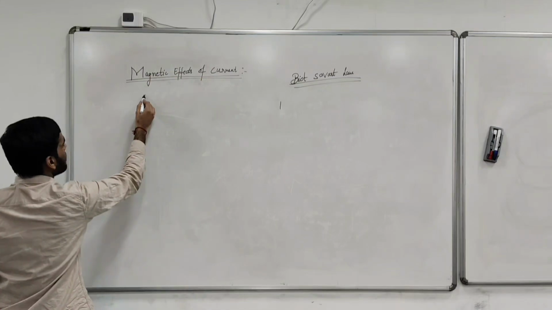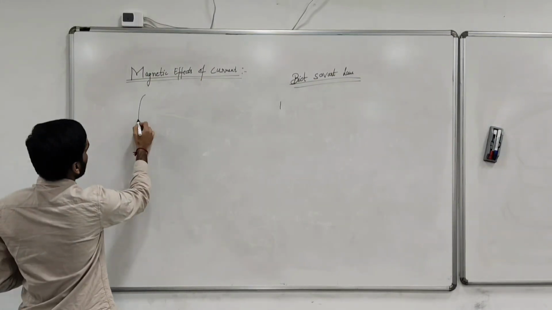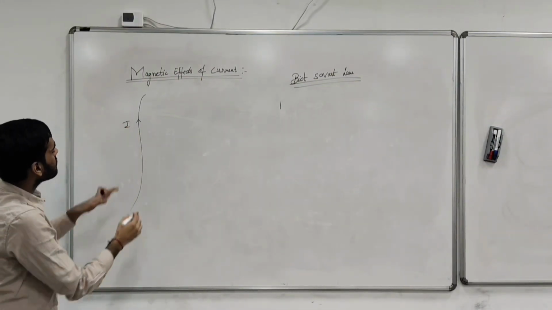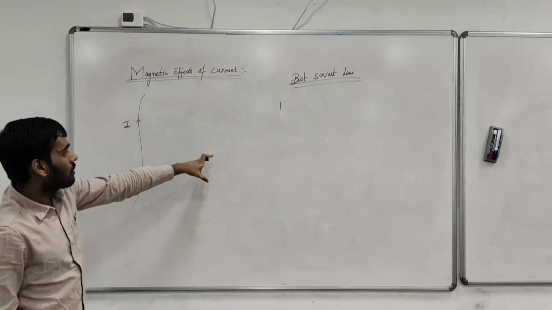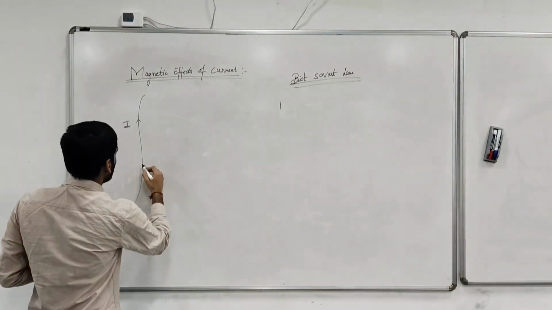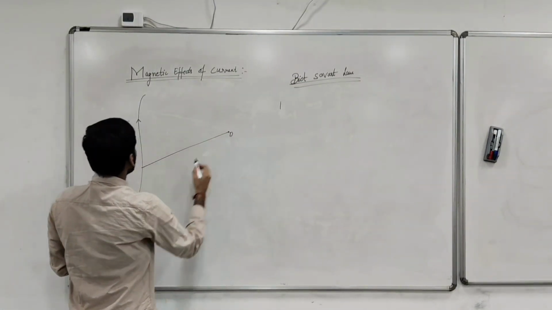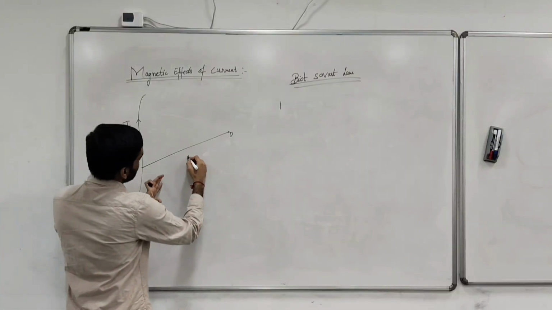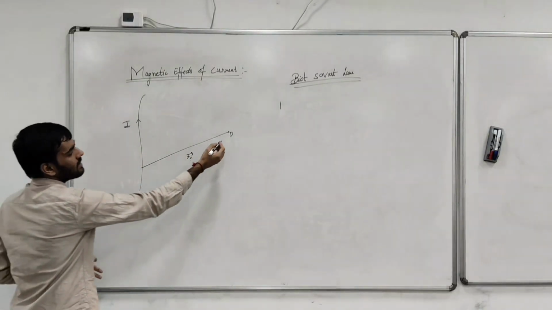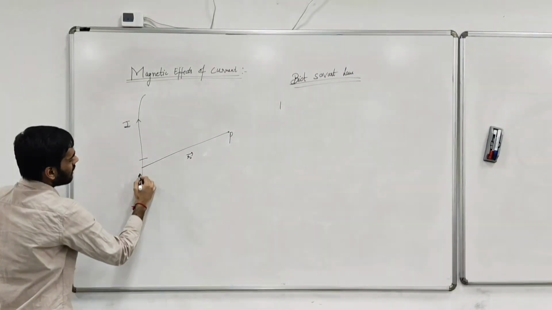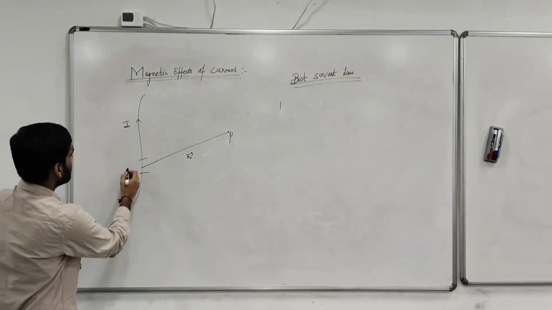Let's take a current carrying wire. Current I is flowing through it. We want to calculate the magnetic field at some point P, which is at distance R. Point P is at a distance R from an infinitesimal current element dl.